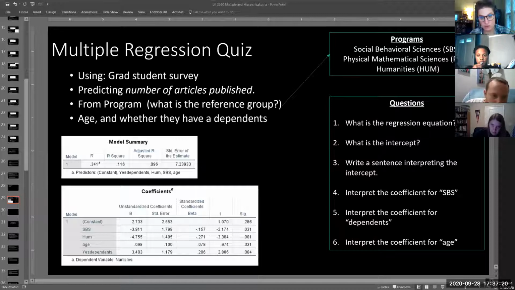You can't always do it. The things that Krista and Justin said are both really universal. You can say them anytime. And Michelle, your interpretation was much more specific: students in SBS will have almost 4 fewer publications than students in the physical mathematical sciences, holding age and dependence constant.